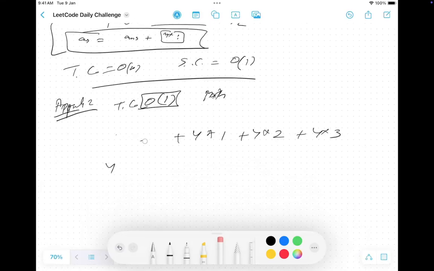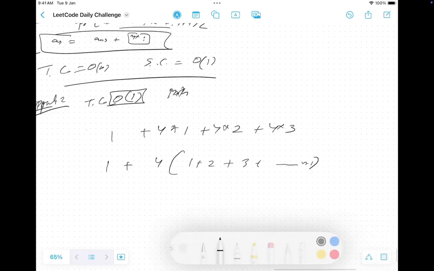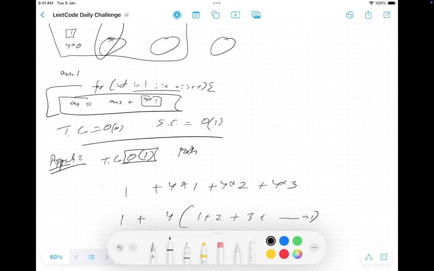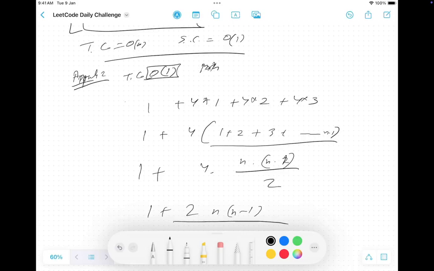Initially we have 1 here, and 1 plus 4 times (1 plus 2 plus 3 up to n minus 1). So what is the total calculation of this? n times n minus 1 divided by 2, times 4. So we can write it like this: 1 plus 2n times (n minus 1).